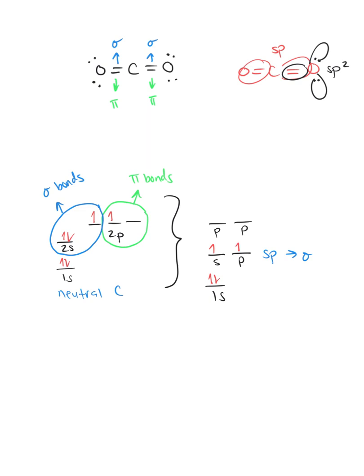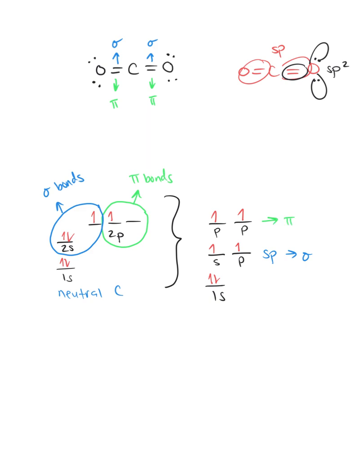So 2 electrons are in there, which can form sigma bonds. Then we also have the p orbitals that have 2 electrons in there. 1, 2, 3, 4, 5, 6 electrons total. So we've distributed them. The top p orbitals can form the pi bonds.